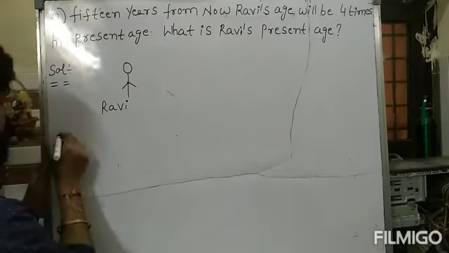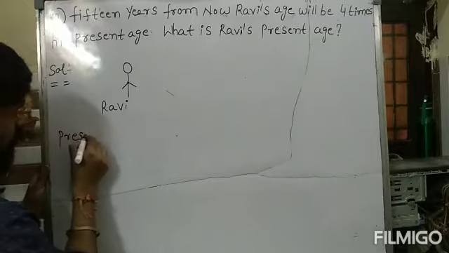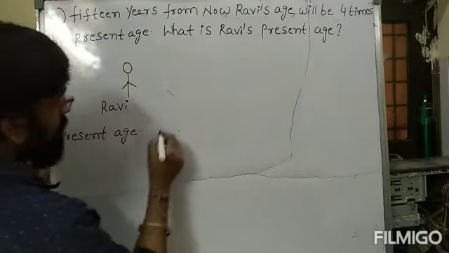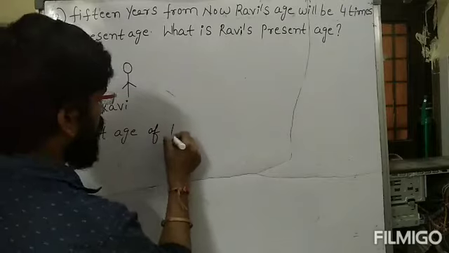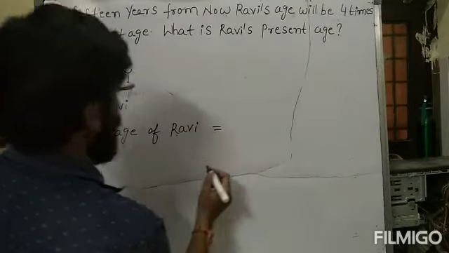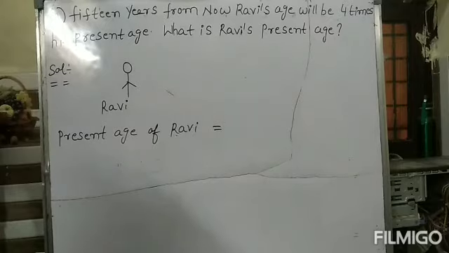Now the present age of Ravi, how many years? We don't know, so it will be X years.